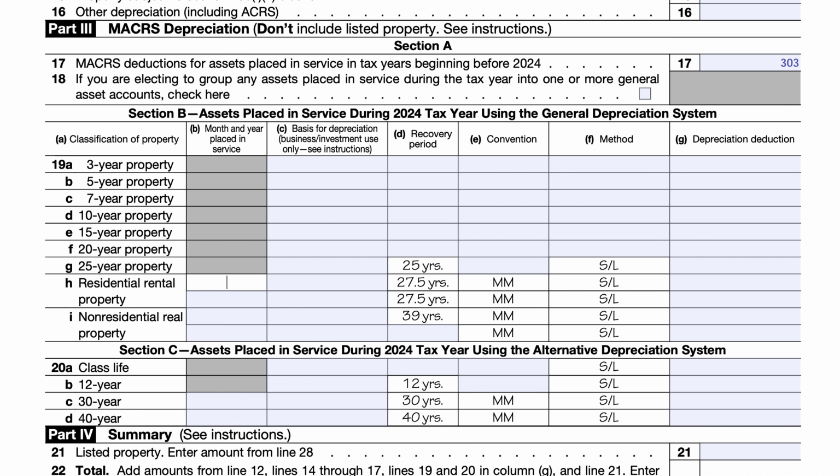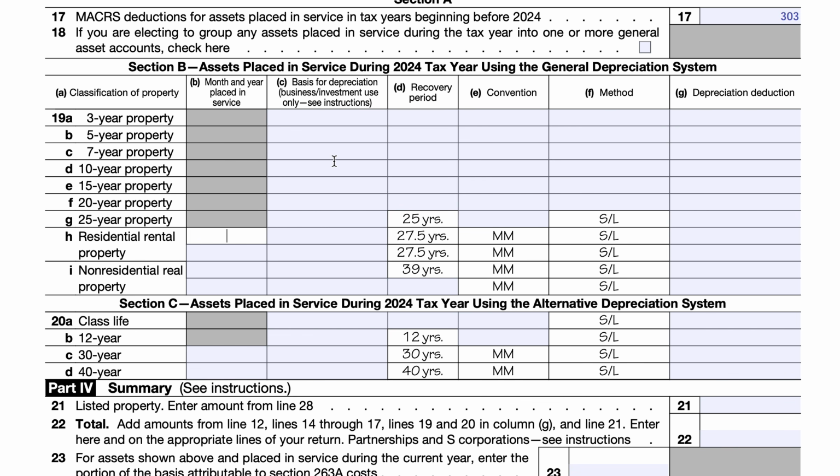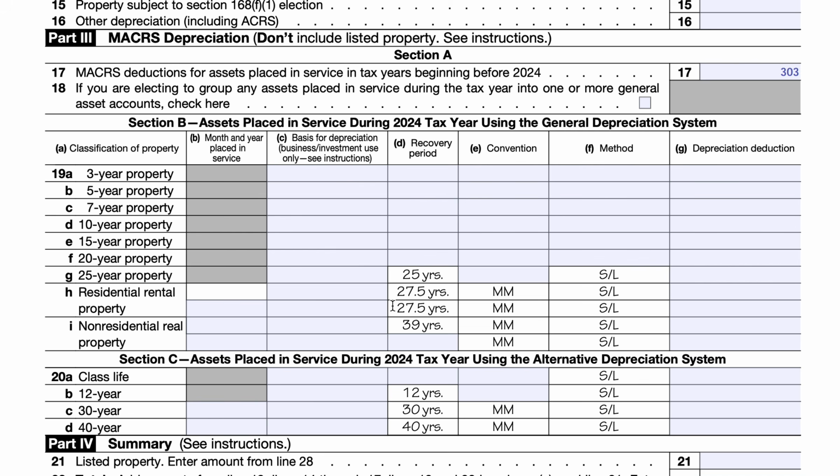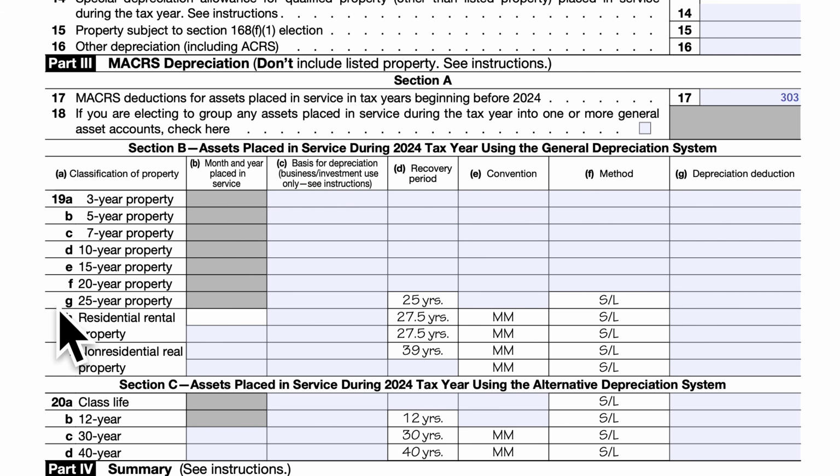You can also use an alternative depreciation system, which has a completely different class life that doesn't apply again to residential rental property. So you should stick with these lines right here and report that accordingly.